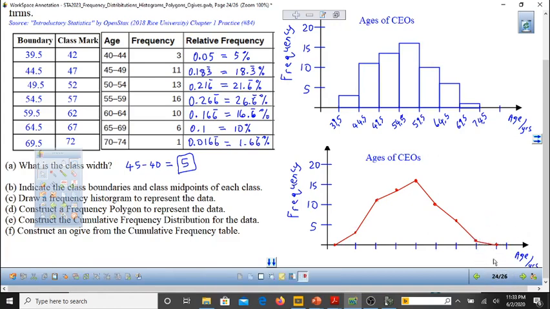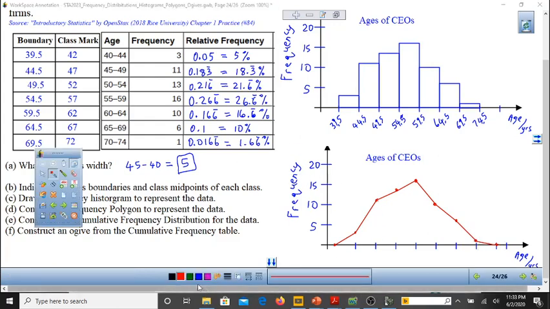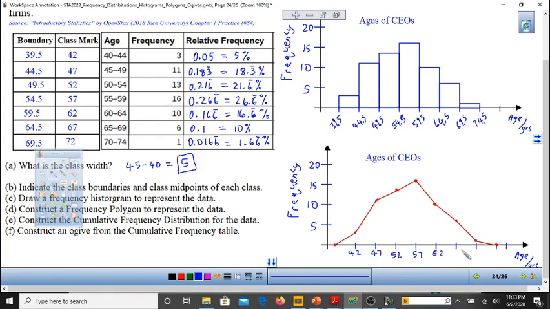So then I can start saying, okay, this first guy here is 42, then 47, then 52, then 57, then 62, then 67, then 72, and of course then 77 would be 0, and 37 would be the one down here. And this is the polygon.